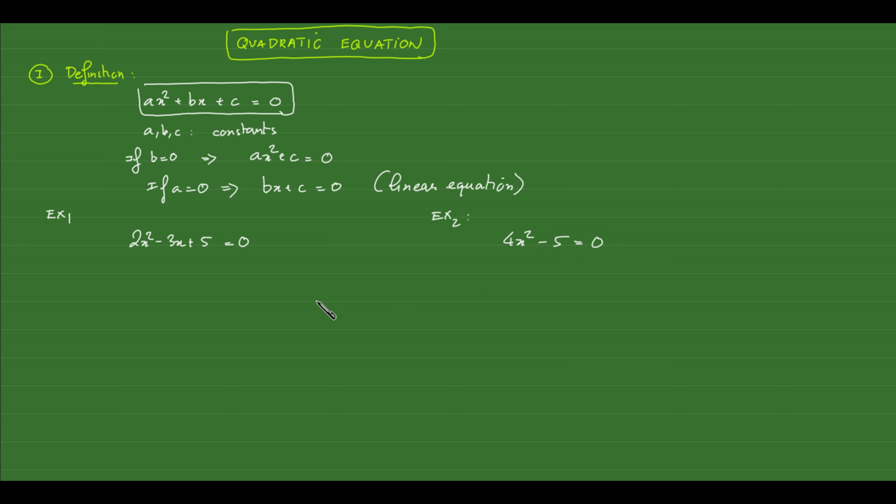This is also a quadratic equation, because you see that they have the square part. So as long as they have the square part, it is a quadratic equation. Or something like this: w plus 3 squared equals 8. This is also a quadratic equation because it has a square part, even though it doesn't look like a trinomial, right?